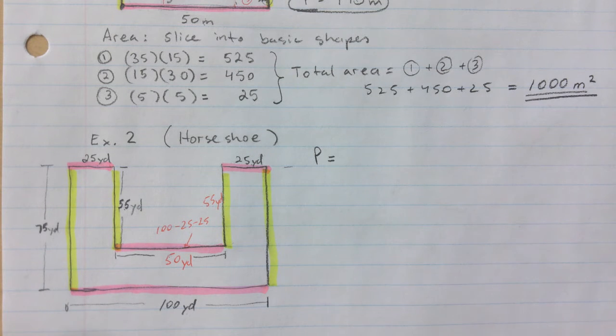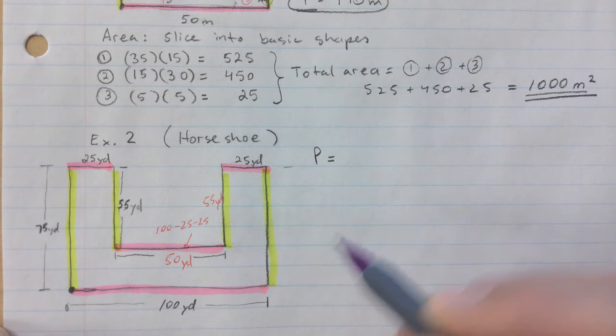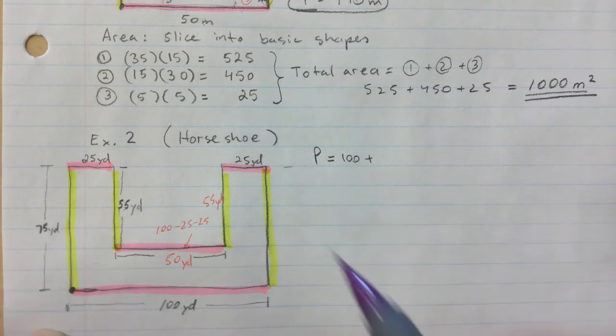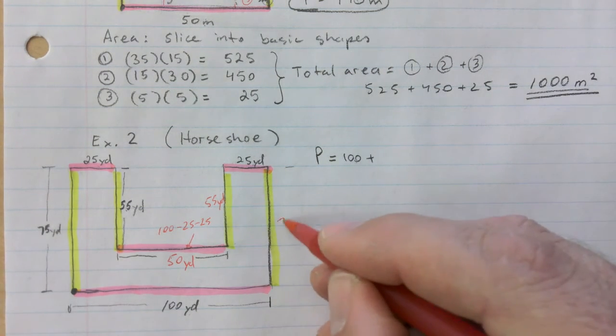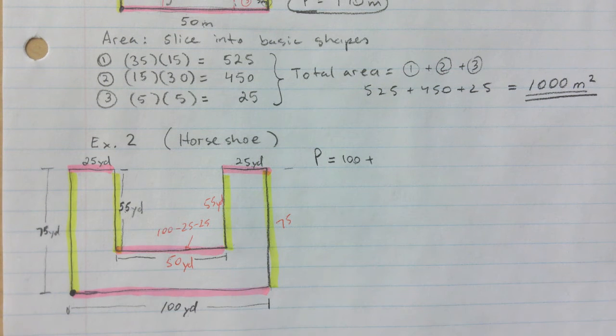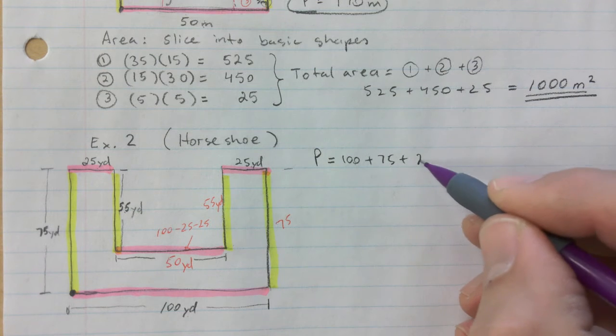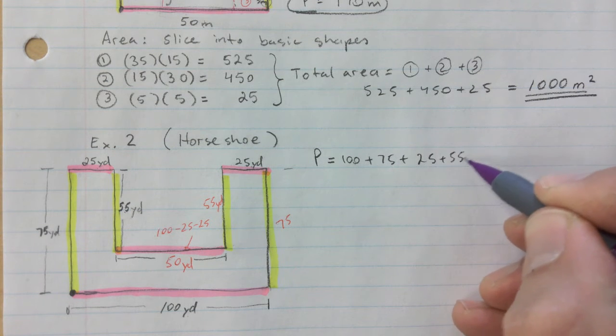So let's go ahead and find our perimeter. Start at a corner. You want to start right here and then travel. It's 100 plus, this is 75. I'm going to put down 75 here. Okay. So 75 plus 25 plus 55.